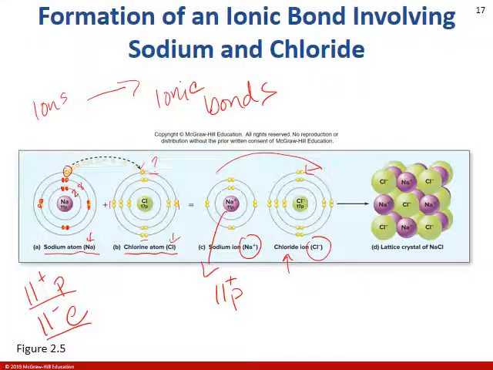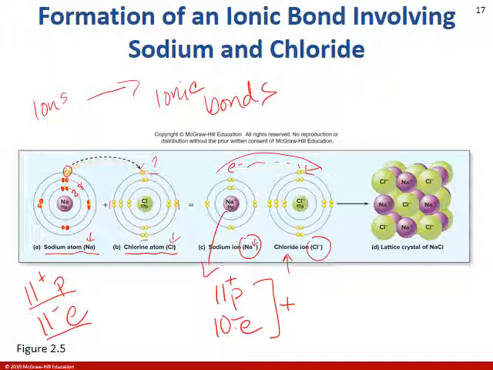We gave one up, right? What did we do to this electron? We transferred it over here. So now we only have 10 electrons. You can go ahead and count them up if you want. So what does this mean? I've got 11 positives and 10 negatives. That means I'm overall slightly positive. That's why we put the little positive right there.